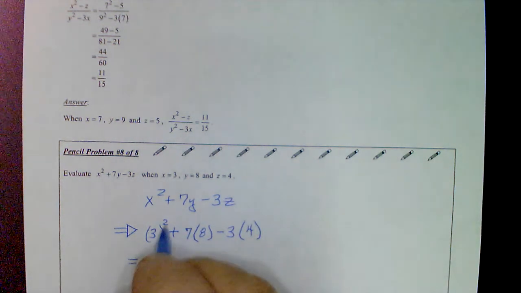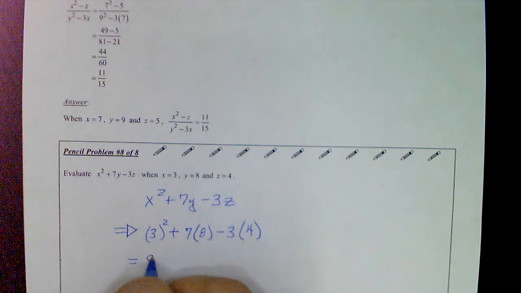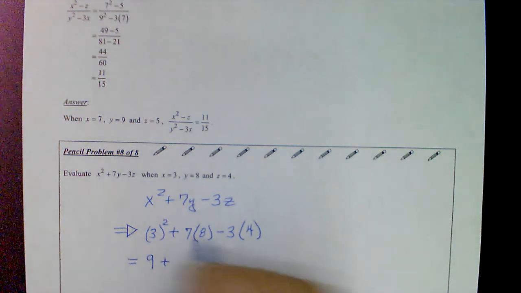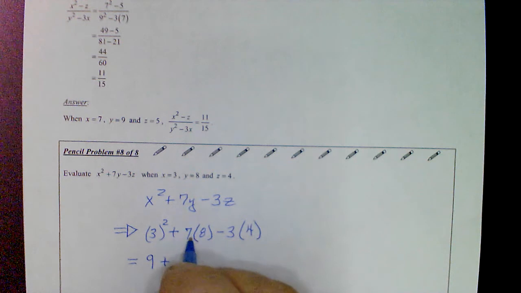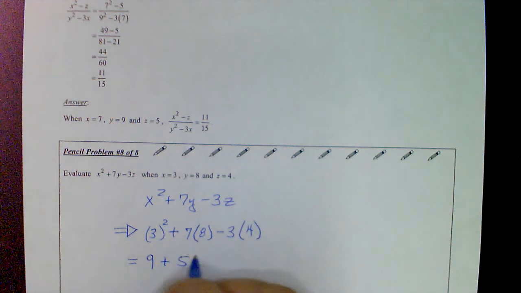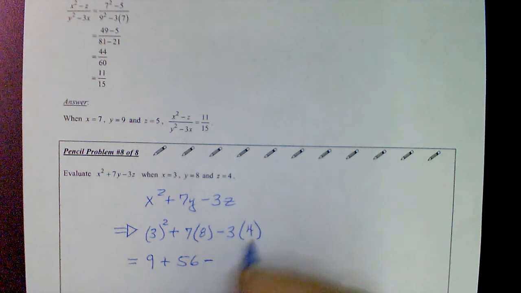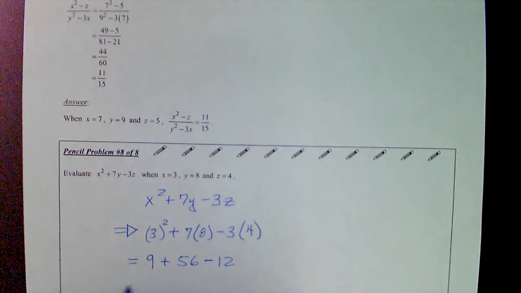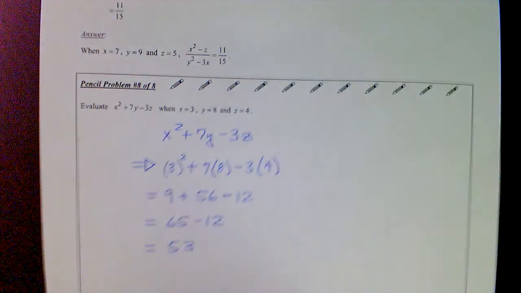Okay, order of operations, exponents first, 3 squared is 9. You could actually work on these simultaneously because they're separated by a plus or minus. So 7 times 8, 56, minus 3 times 4 is 12. Going from left to right, 9 plus 56, 65 minus 12 is 53.